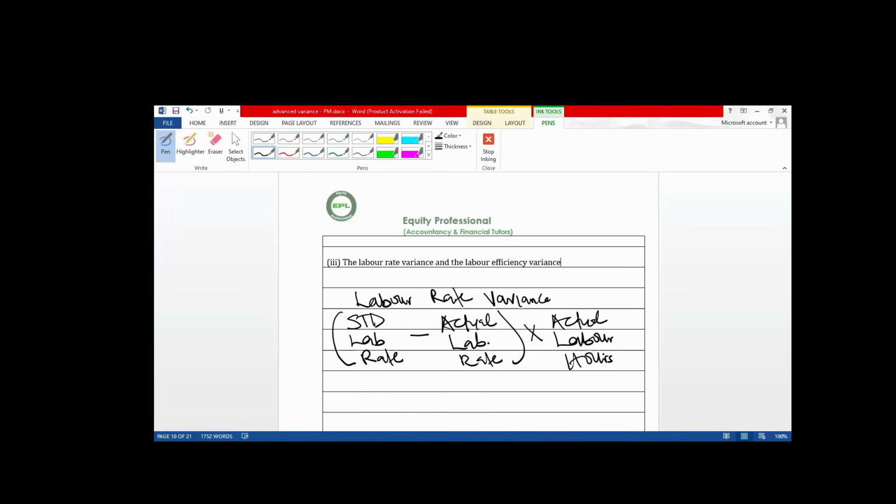Now let's go and look at this information. Mr. Shiwaju: Sorry, sir. For this formula, is it because of the nature of this question? Because the formula I have is standard rate minus actual rate multiplied by actual hours paid.